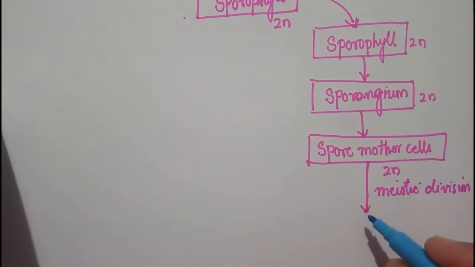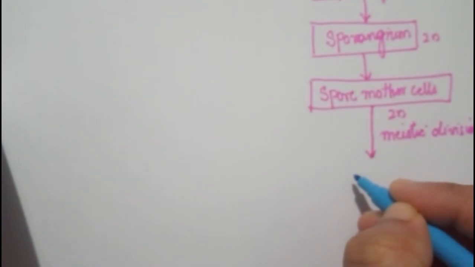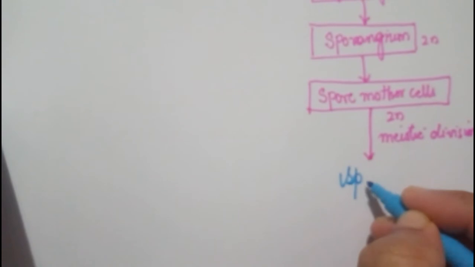So once the spore mother cells undergo meiosis, they will be producing the spores, and remember, spores are haploid.